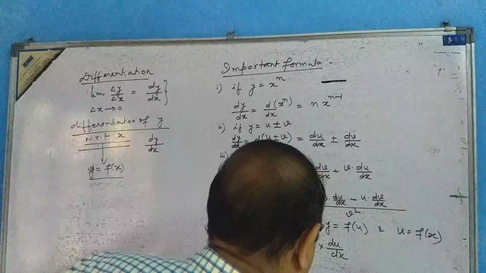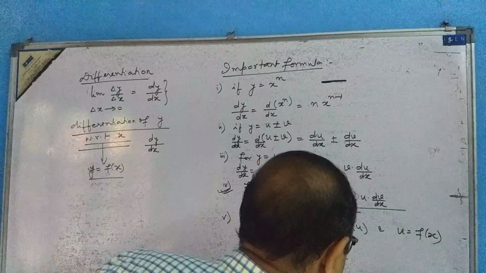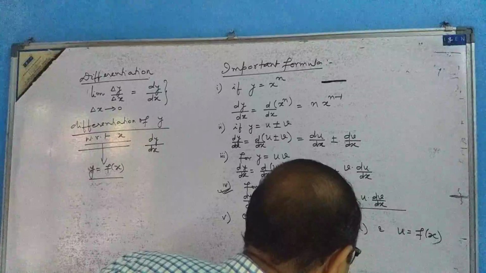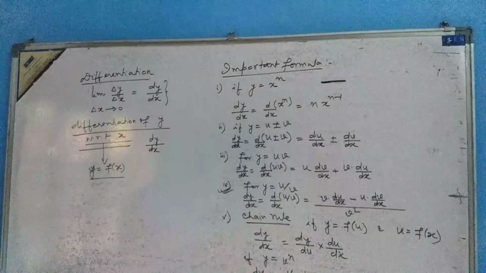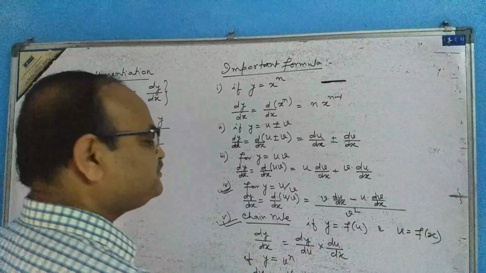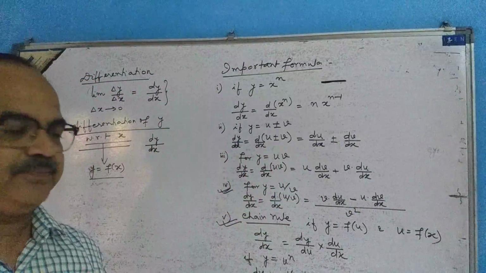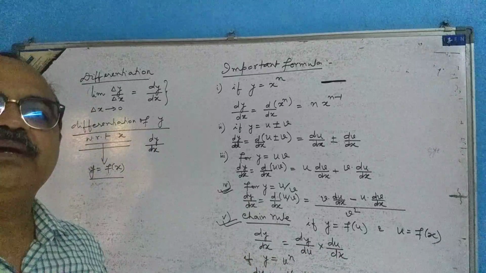Means what? Means n u to the power n minus 1 du by dx. This will be the differentiation. Look, a very important rule, it is the chain rule. At some places we may need it.